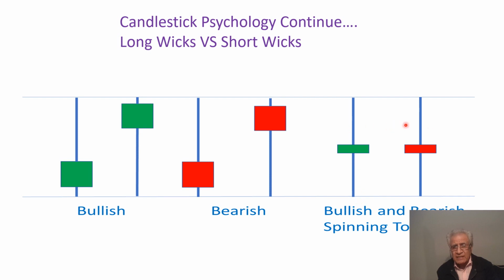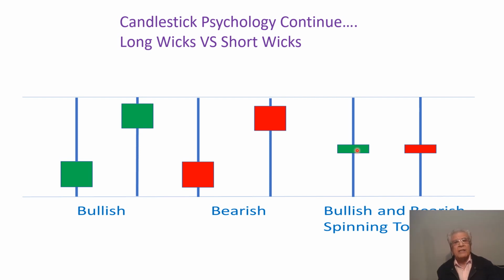If you see this kind of candlestick after a strong, let's say, Marubozu that is going up, a bullish Marubozu, that means that the power of the bulls has reached its end.